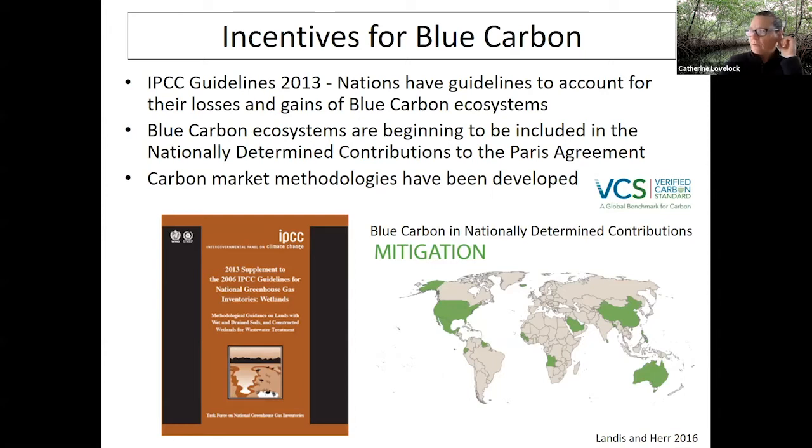In addition to that sort of action at the national scale, there's also been some development of carbon market methodologies. One example I've got there is the Verified Carbon Standard methodology, which gives guidance on how you can do a project to restore tidal wetlands, whether it's mangroves, seagrasses or salt marshes. And in the VCS, you can receive carbon credits, which you can sell.